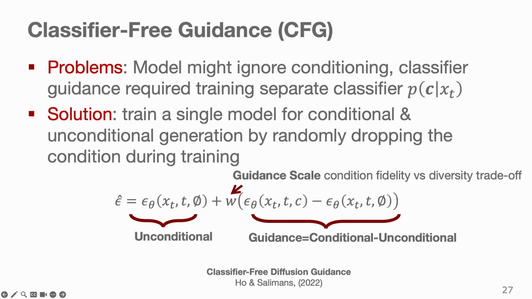That difference is essentially the direction in noise space that the condition is pushing us, and this w is the guidance scale, which controls how hard we move in that direction. In image generation, for example, increasing this guidance scale a lot will give you sharper, more prompt-consistent images, but at the cost of less variety and diversity.